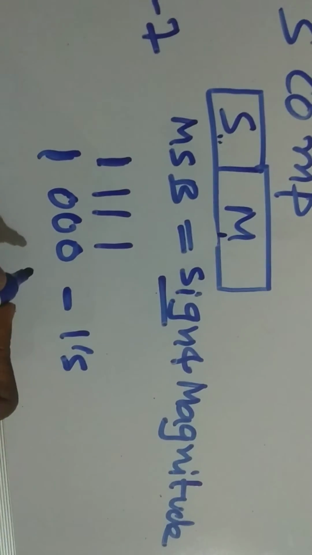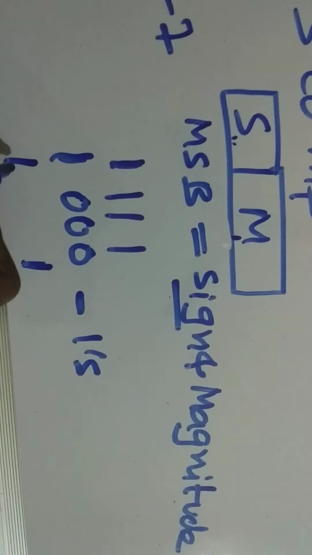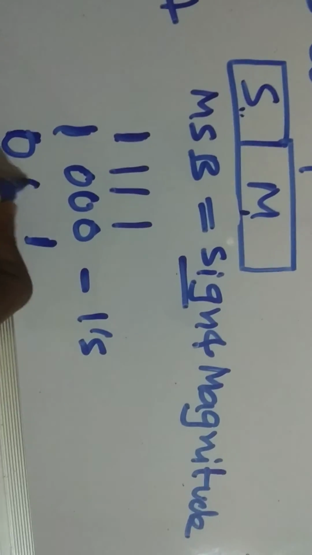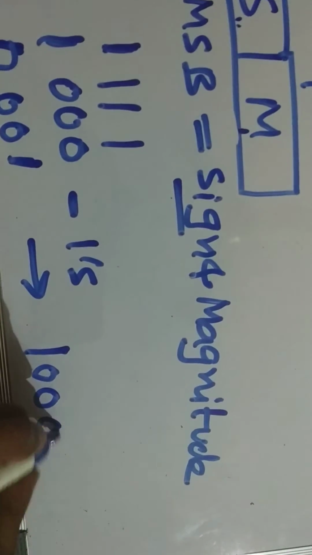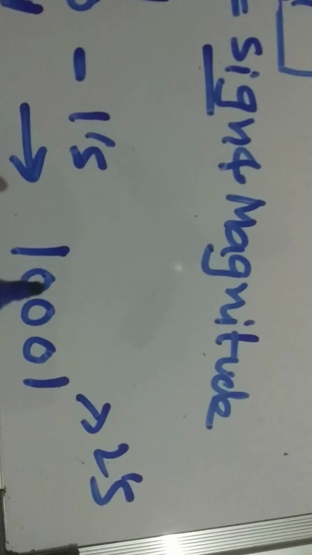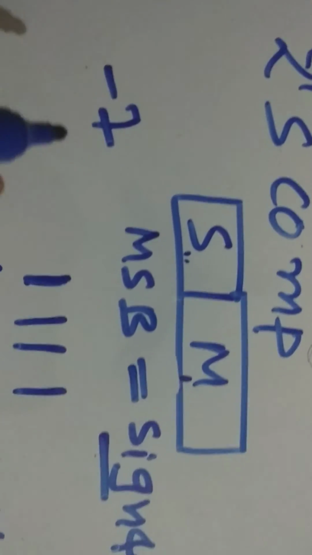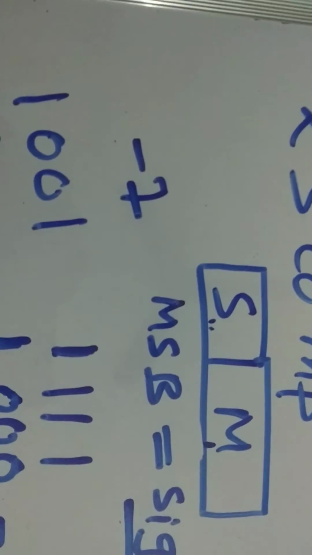Now we need to add 1 to this one. We need to add 1 over here, and what we get is 1 0 0 1. So this is the 2's complement form of minus 7. So minus 7 is represented as 1 0 0 1 in 2's complement.